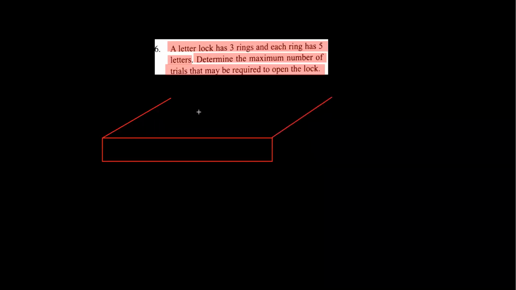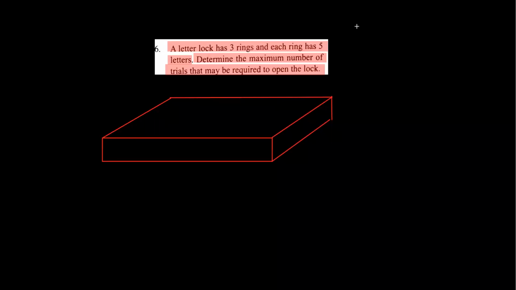Now, students, you must have seen in the briefcase or the suitcase that you have, there are locks, sometimes number locks or letter locks. This time it is a letter lock.